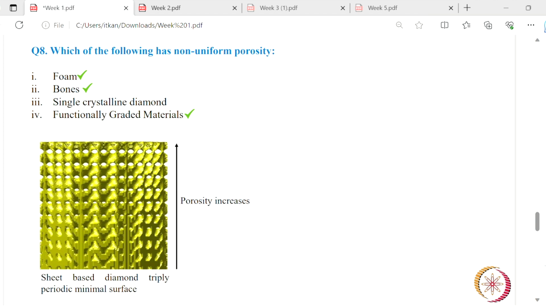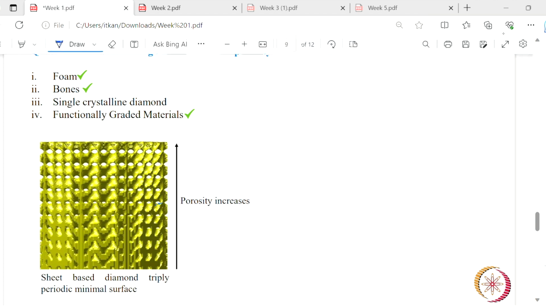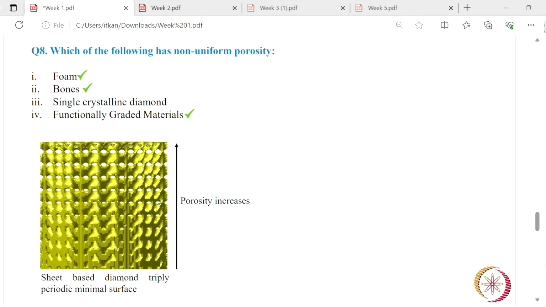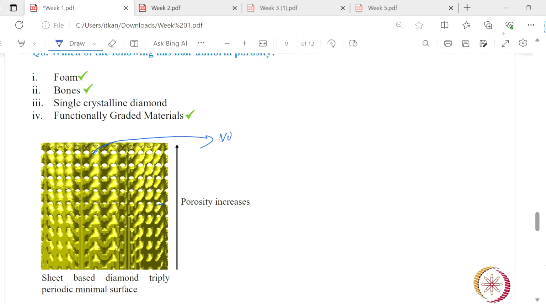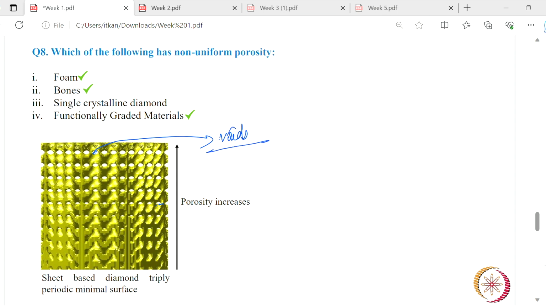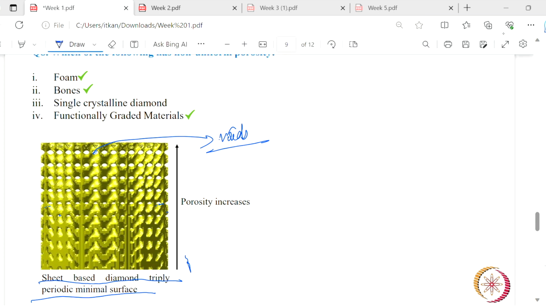Now you can see these are porosity, these are the voids. Here you can see this is a sheet-based diamond triply periodic minimal surface. From bottom to top as we are going, we can see the voids, the holes, are increasing. That means there is a gradation.